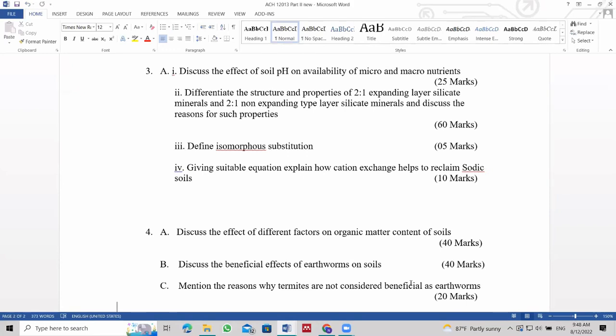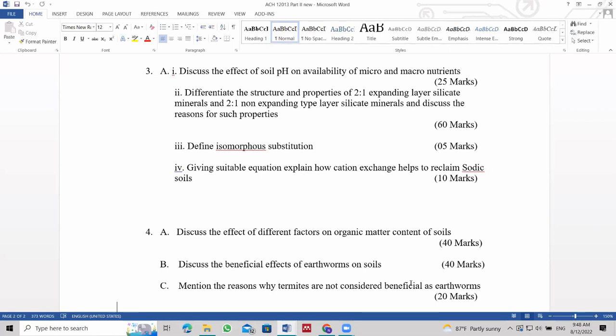Any other? What about the organic matter content? How will organic matter content be influenced by termites? Termites are very heavy feeders of organic matter, so they quickly deplete the organic matter from the soil. Whereas earthworms expel the cast and help to improve the organic matter content. In termite soils, the organic matter content is less compared to earthworm.